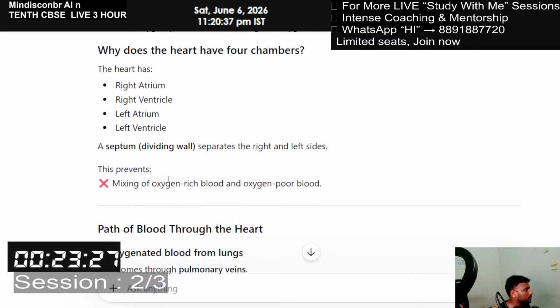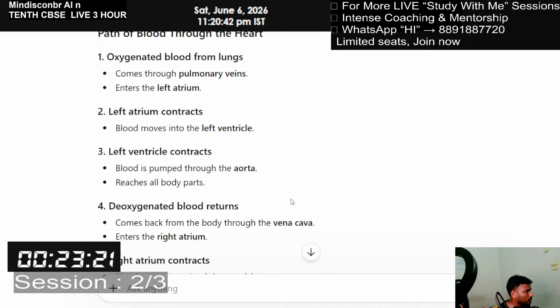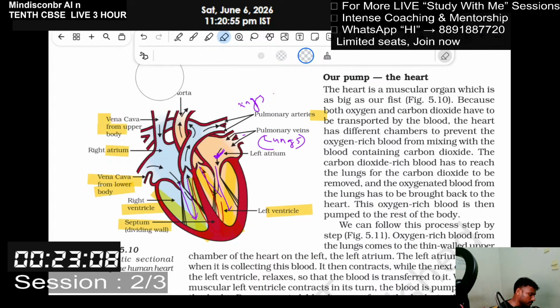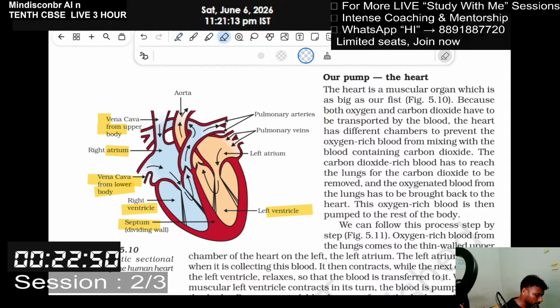Okay. So here, if you are removing the entire figures, first, the oxygenated blood will be represented as red. This oxygenated blood first comes from lungs.